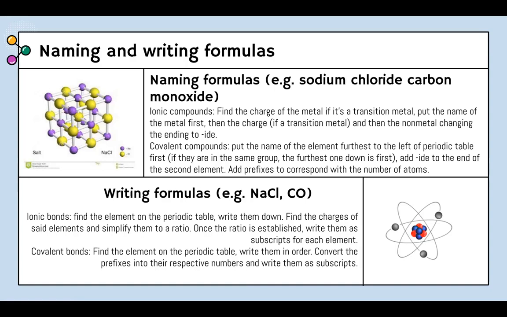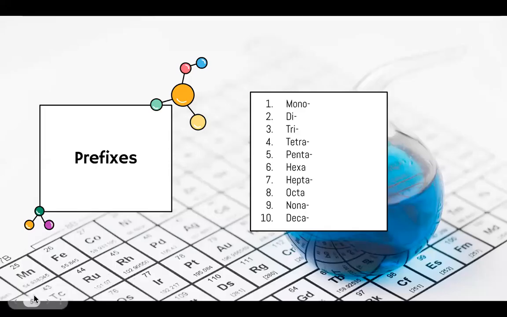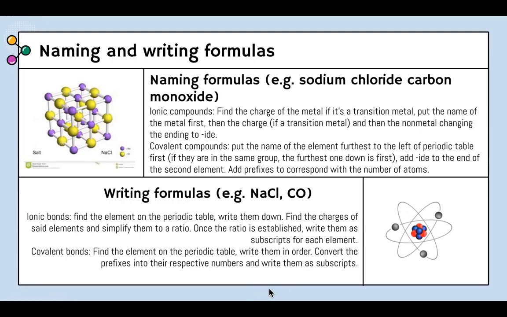And if it's a transition metal, just write down the charge really small as a superscript for now. So if you're writing charges, you write them as 2 plus and never plus 2 or whatever the charge is. And then you put the name of the metal first.